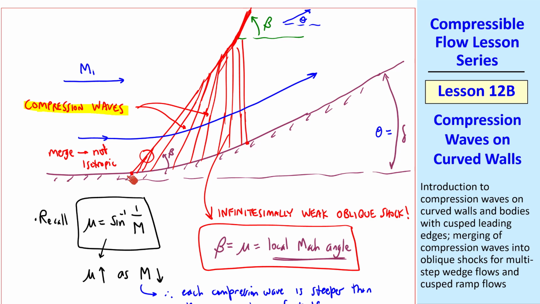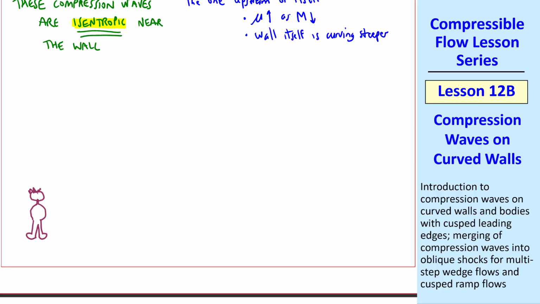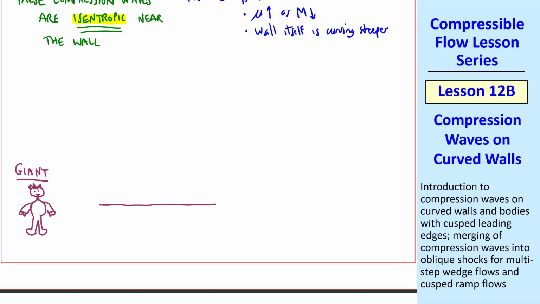Finally, suppose we're looking very closely at the details of this curved wall from what I like to say is an ant's perspective. What does the ant see? It sees all these compression waves merging into one oblique shock. If instead we have a giant looking at this same flow from much farther away, this area where the wall curves is tiny compared to the giant. So all this merging is going on in a very small region from his point of view.